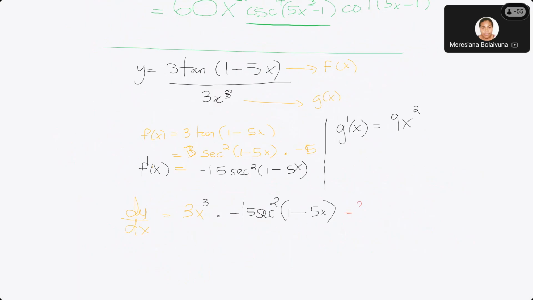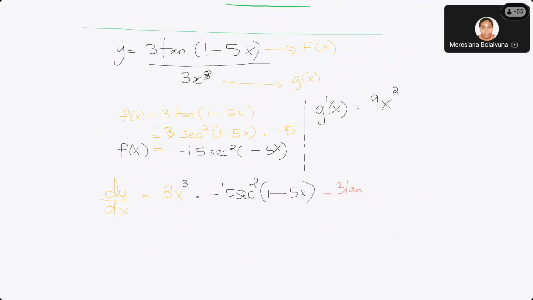F is 3 tangent 1 minus 5x times g dash, which is 9x squared, and all this is divided by g squared, so 3x cubed to the power of 2.